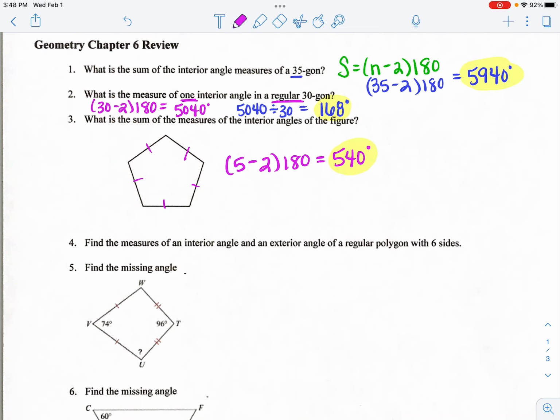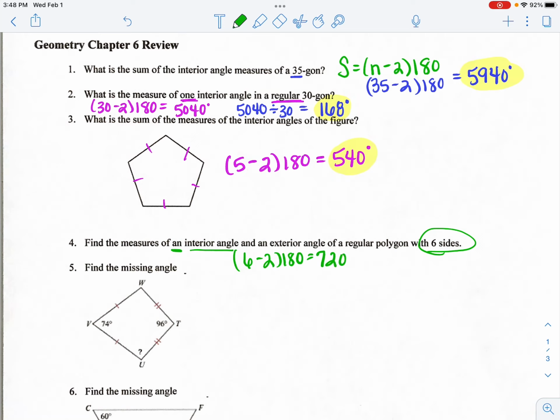All right, number 4 still asks us to find the measures of an, so that means one, interior angle. So let's do that first, of a 6-sided figure. So I'm going to do the same thing I did on number 2. For my first answer, I'm going to do 6 minus 2 times 180, and I get 720.